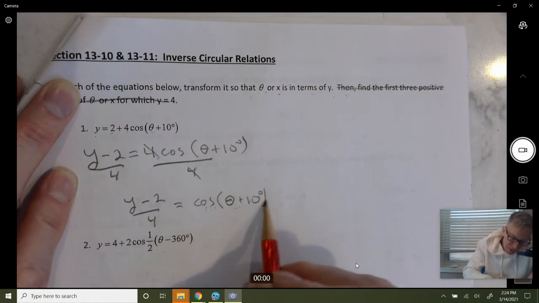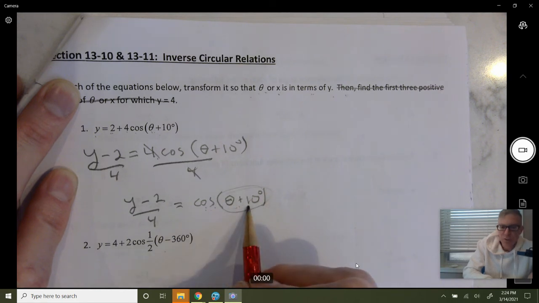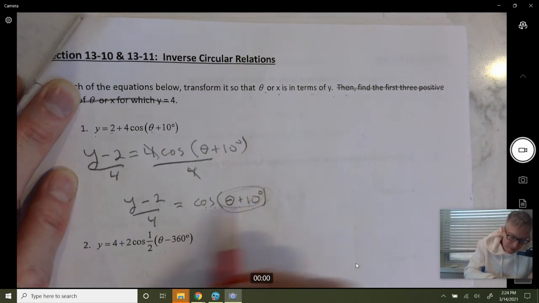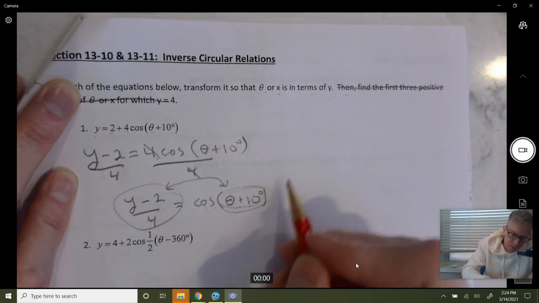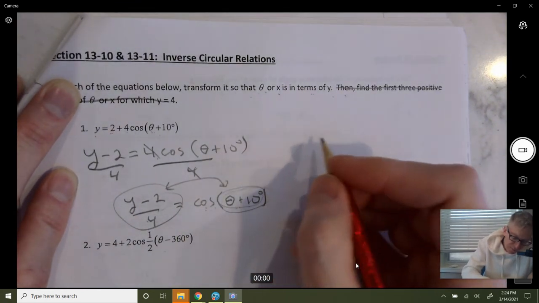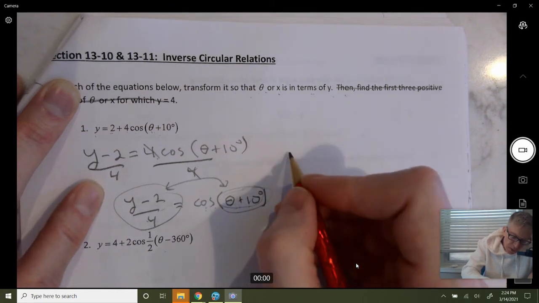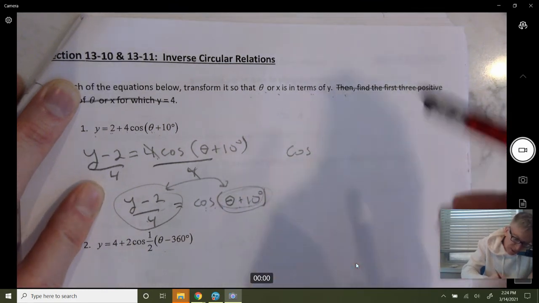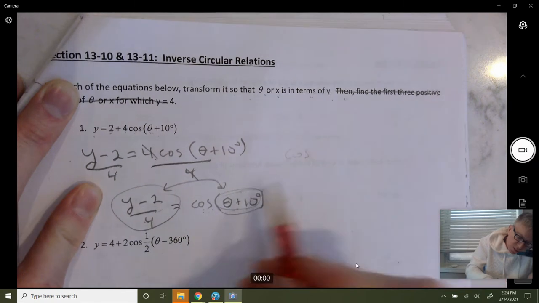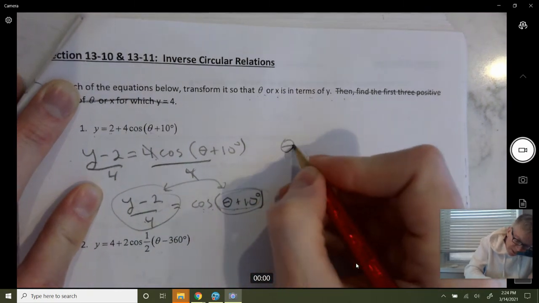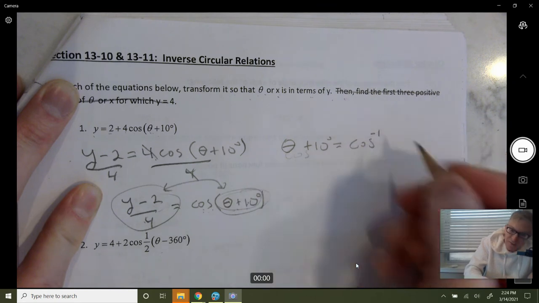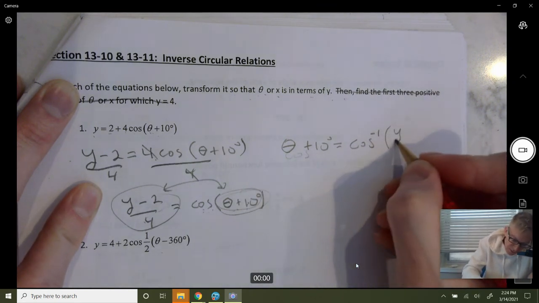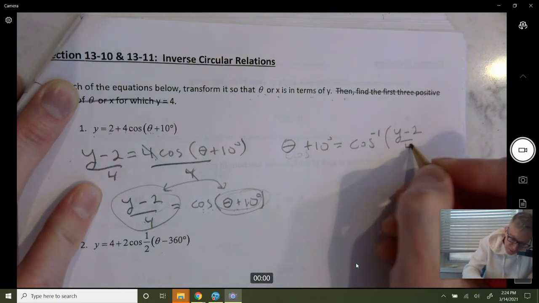When we turn cosine of this angle into an inverse cosine, this input and this entire output swap places. Actually, let's write it this way. This goes over here, so now you've got theta plus 10 degrees equals cosine inverse of the entire thing, y minus 2 over 4.